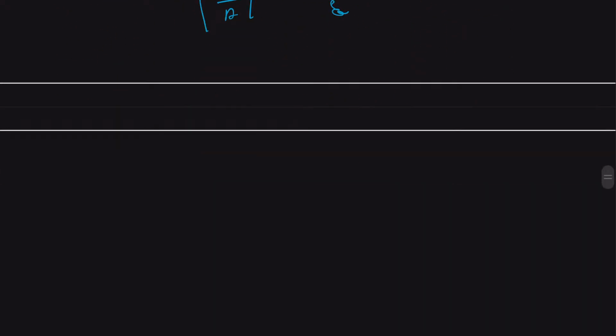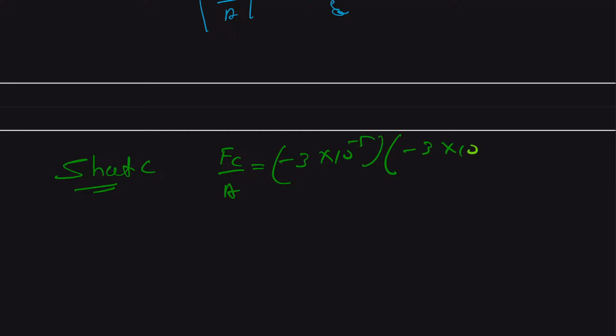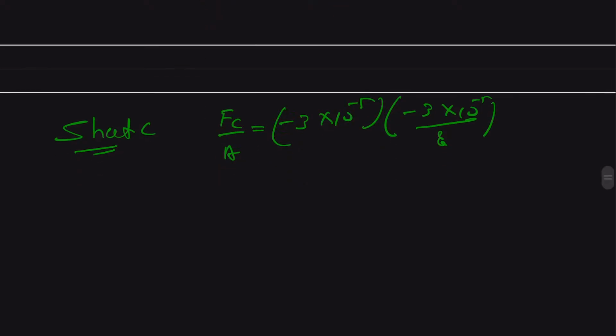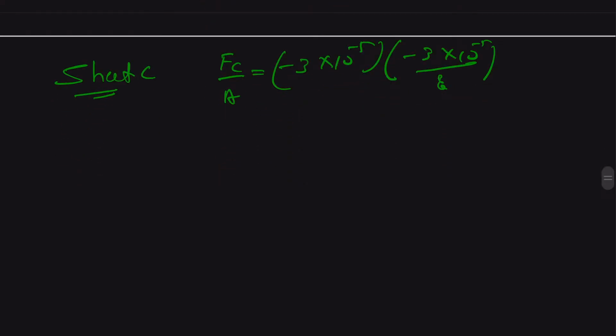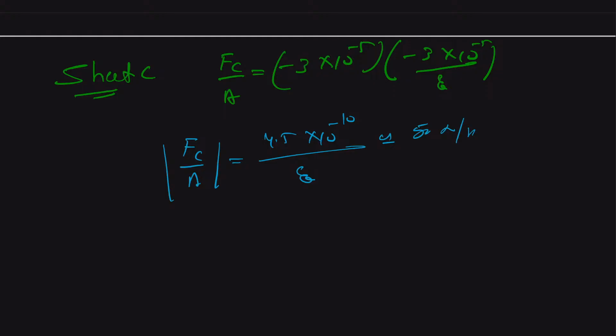Similarly, we come to sheet C. In sheet C, we have force C upon A will be equal to minus 3 into 10 to the power minus 5 and minus 3 into 10 to the power minus 5 upon epsilon naught. And so we get Fc upon A will be equal to 4.5 into 10 to the power minus 10 upon epsilon naught, approximately equal to 40 Newton per meter square.